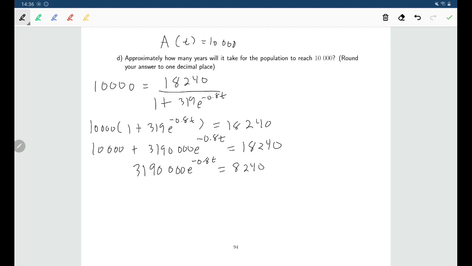I'll divide both sides by that, 3,190,000. And then I'll rewrite this as a logarithmic equation.